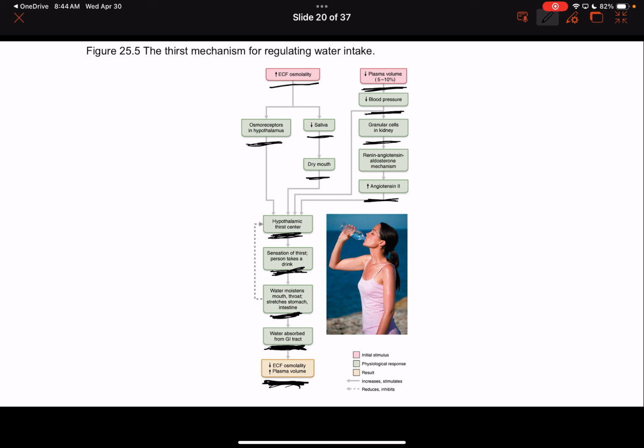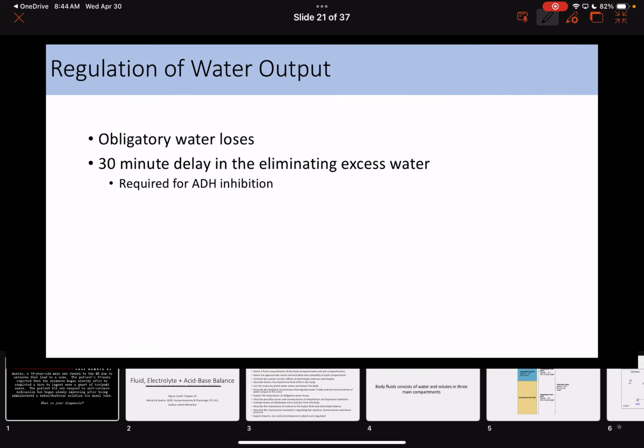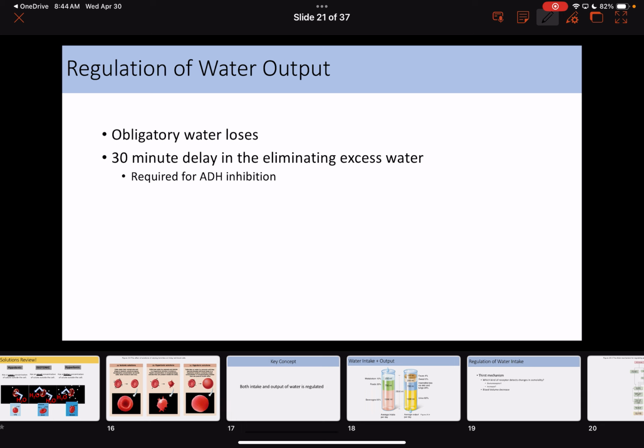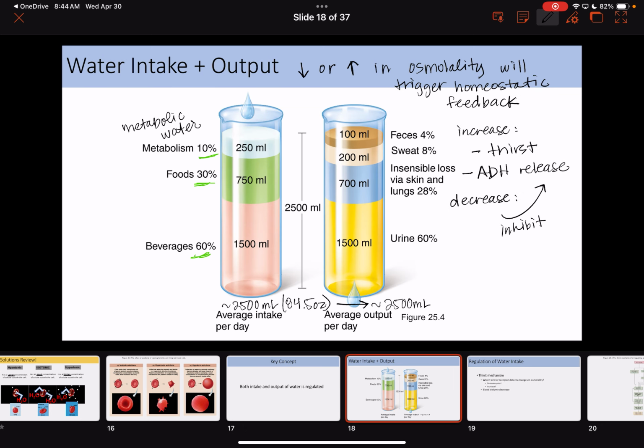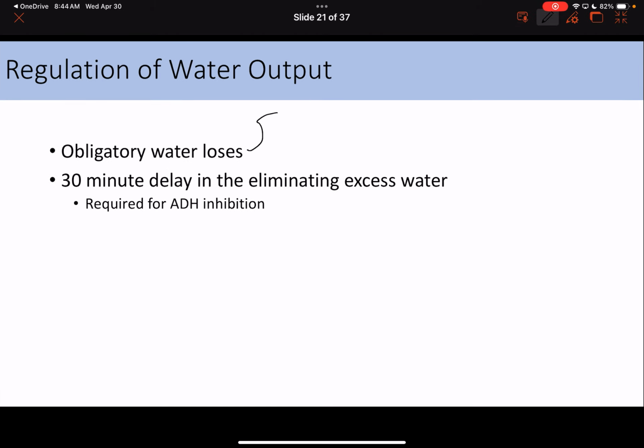Okay. So obligatory water losses. So we already talked about those obligatory water losses over here. We have to lose water through our feces, sweat, urine, and then also from our skin and lungs. Beyond that, though, output depends on intake.